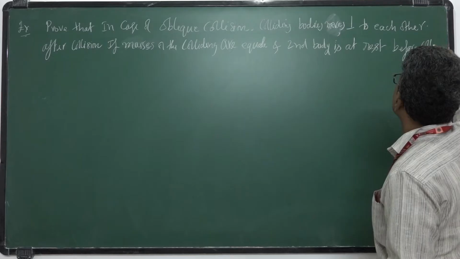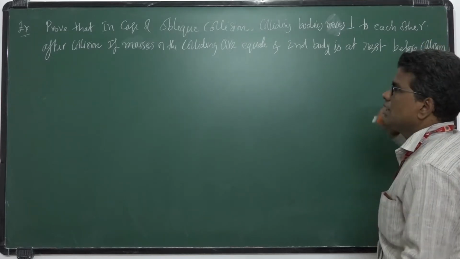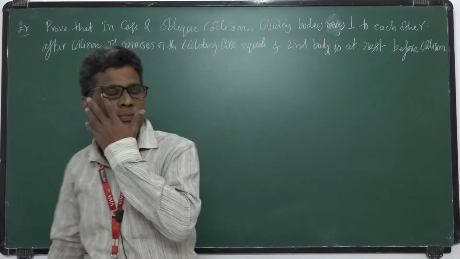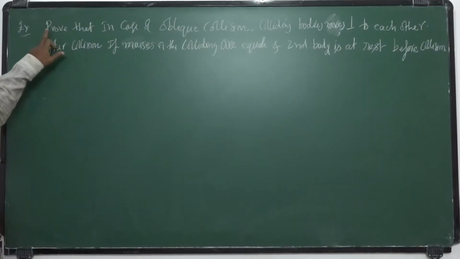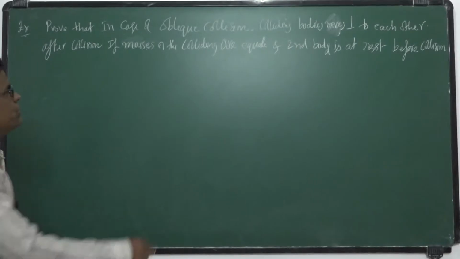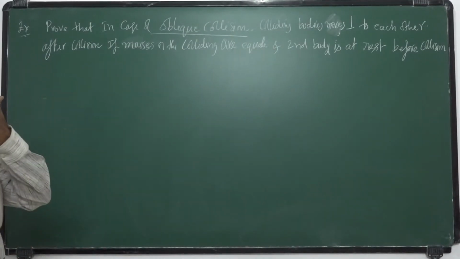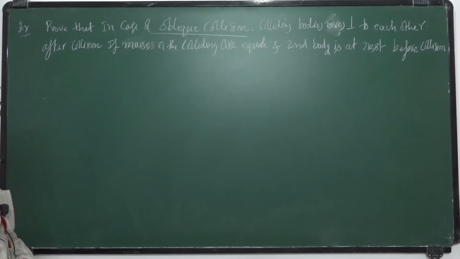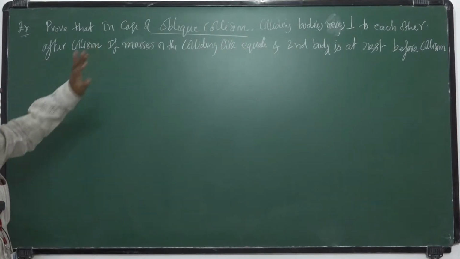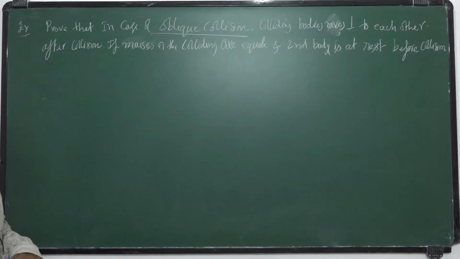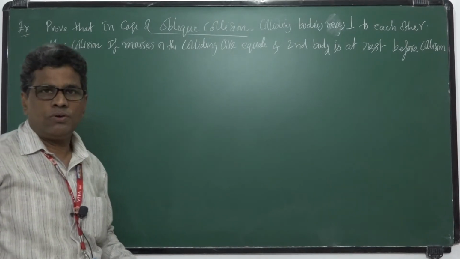Okay. So we have to prove this. Prove that in case of oblique collision, colliding bodies move perpendicular to each other after collision if masses of the colliding bodies are equal and second body is at rest before collision.